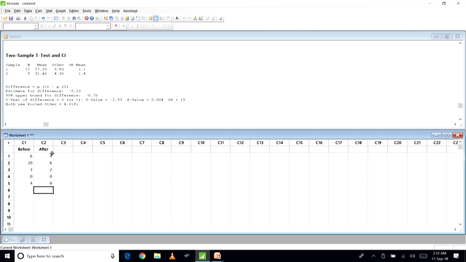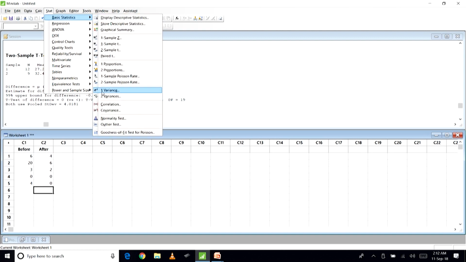Right. So, you just do this much data entry and then go to Stat, Basic Statistics. So, there is an option here, it is paired t test. Yeah, this is paired t test, right. So, click over here on paired t.